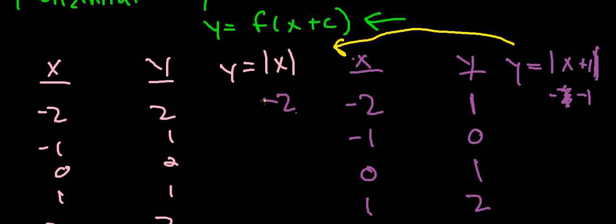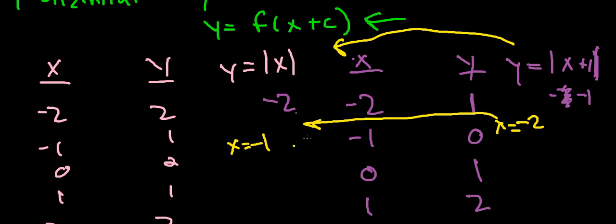So when this function is being solved for minus 2, when we put in minus 2 for this function, we're actually solving for minus 1 of this function, essentially. Because when we put in minus 2 here, this becomes a minus 1. So x is equal to minus 2 here is the same as x is equal to minus 1 over here. And we can look.